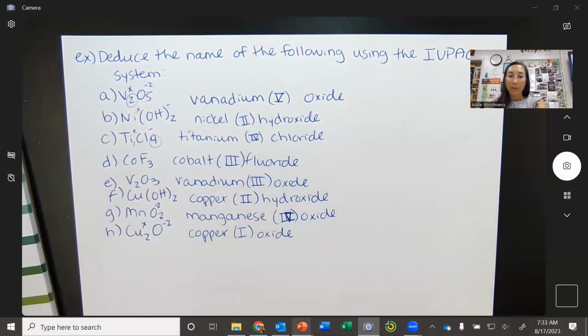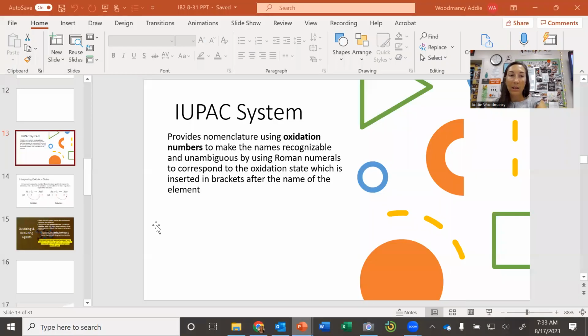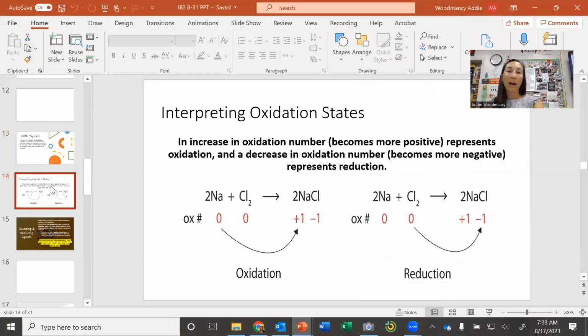All right, so next in our notes, we're going to talk about how to interpret oxidation states. This can get kind of confusing because there seem to be some conflicting things happening.